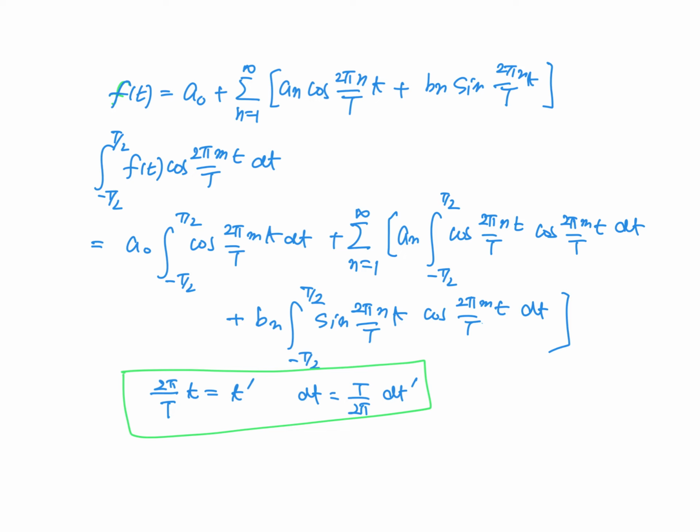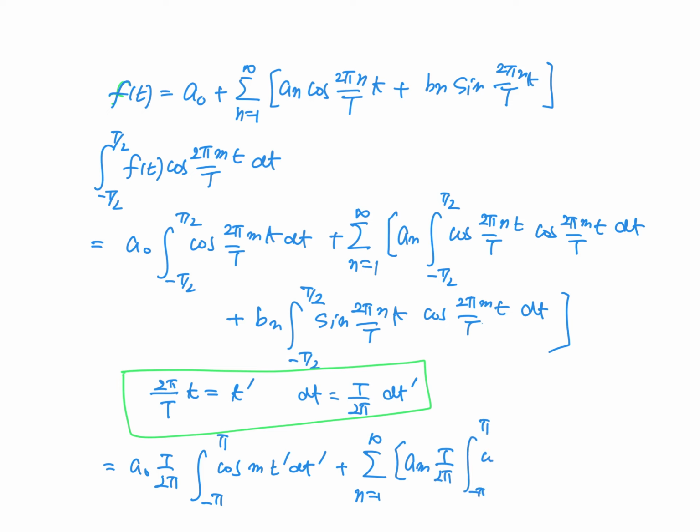So it becomes a0 times T over 2 pi, minus pi to pi cosine m t prime dt prime, plus am T over 2 pi, minus pi to pi cosine n t prime cosine m t prime dt prime, plus bm T over 2 pi, minus pi to pi sine n t prime cosine m t prime dt prime.